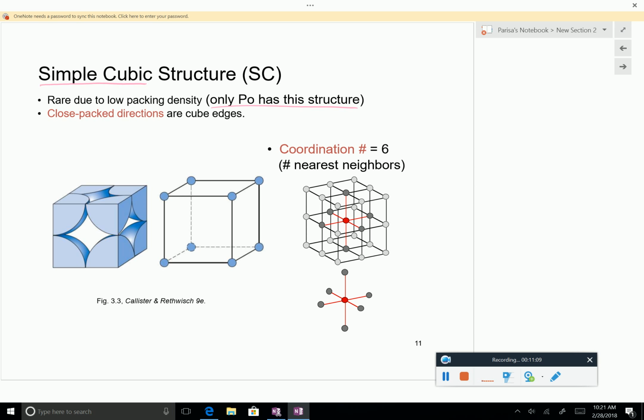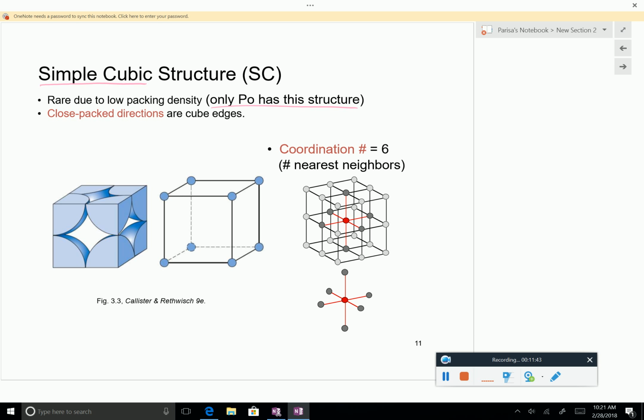I give you 30 seconds to think. Either one, they're the same. Inside this cube, how many full atoms are there? Just one. Everyone sees that? This is one.